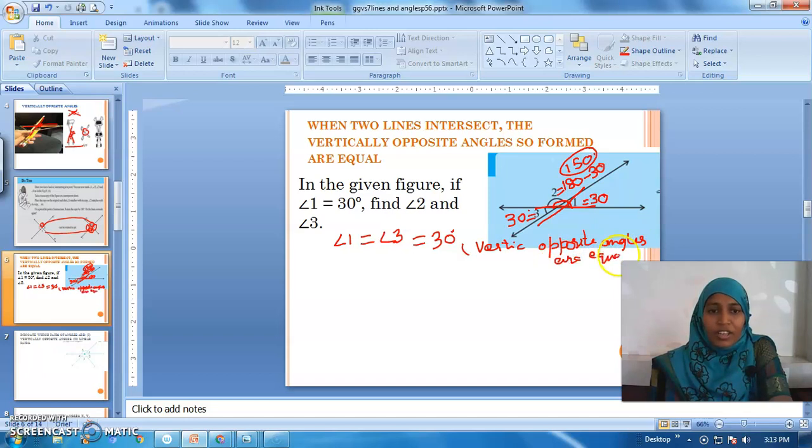Is it clear, children? Now let us talk about angle 2. Angle 2 is equal to, what did I do? I subtracted from 180, isn't it? So I will write 180 minus 30. In brackets, you should state angle 1 and angle 2 are linear pair angles.